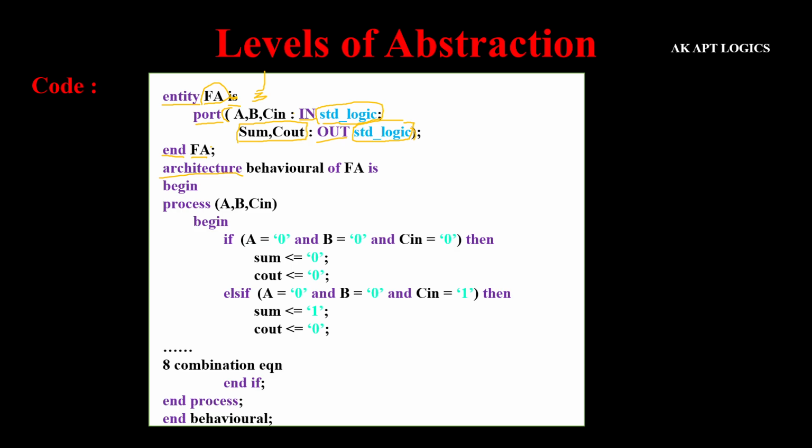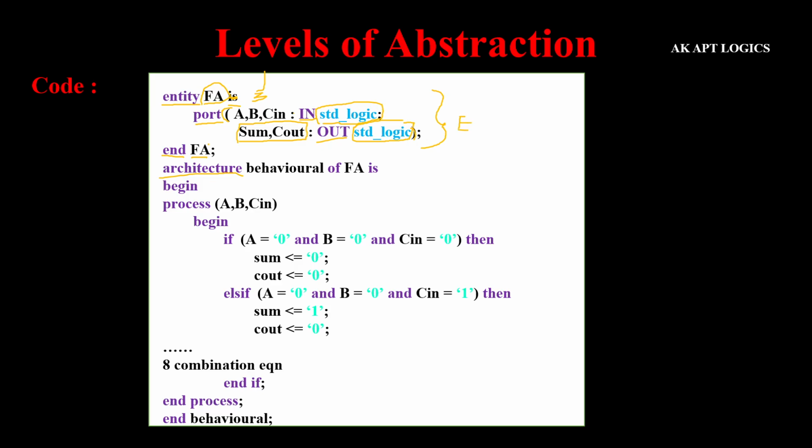Full header, and then we need to use the semicolon. Okay, when you are going to see in the Verilog, you are not going to use any semicolon at the end when you are going to specify the end module, but in the case of VHDL you need to use the semicolon. And then till this part our entity is completed. Okay, our entity is completed.